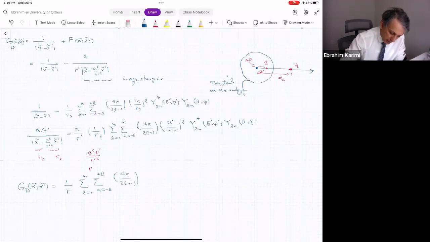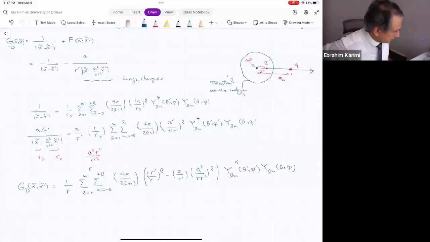For the R part, the first term is R prime divided by R to the power of L. The second part is minus A divided by R prime, then A squared divided by R prime to the power of L, then Y_LM star of theta prime and phi prime, Y_LM of theta and phi. That's the Green function that I'm expecting.